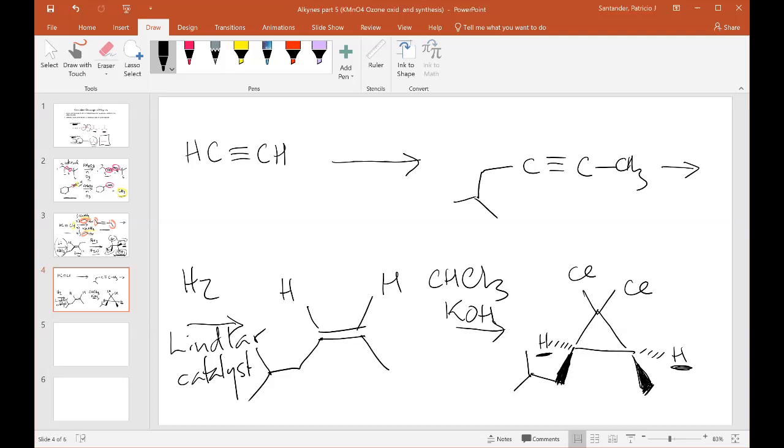And then once I have determined the alkyne that I need, I need the sequence of deprotonation, alkylation, deprotonation, alkylation. Here, the order doesn't matter. You can do the alkylation with the methyl first, and then the alkylation with, what is this? This is an isobutyl after, right?